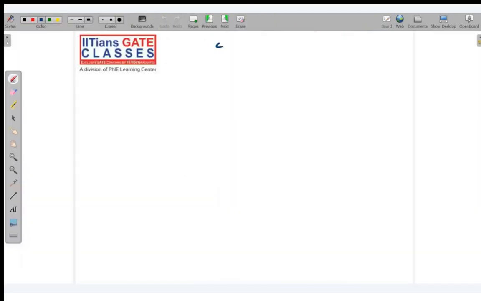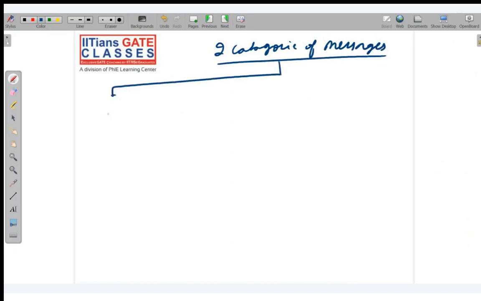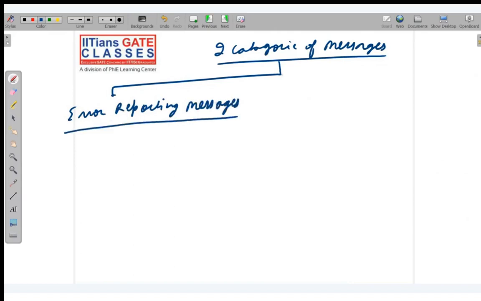So there are two categories of messages. One is error reporting messages, and second is query messages. Error reporting messages, we will study one by one.